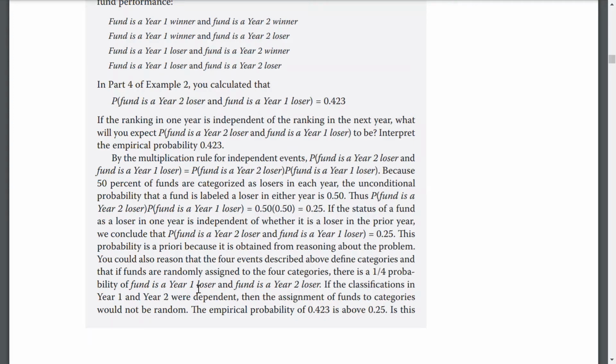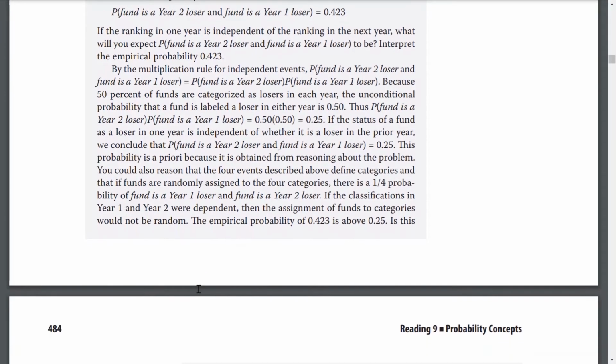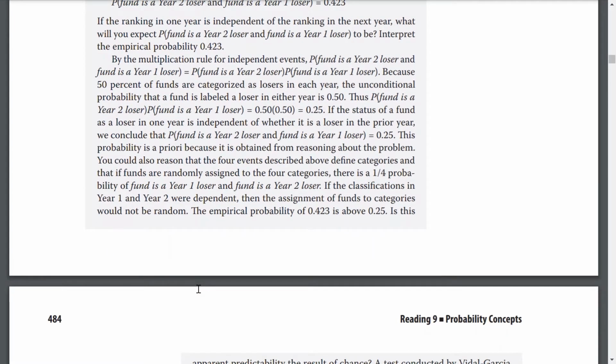Thus, the probability that a fund is a year 2 loser multiplied by the probability that it is a year 1 loser is equal to 0.5 multiplied by 0.5, which is 0.25. If the state of a fund as a loser in one year is independent of whether it is a loser in the prior year, we conclude that the probability of a fund being a year 2 loser and a year 1 loser is 0.25. This probability is a priori because it is obtained from reasoning about the problem.